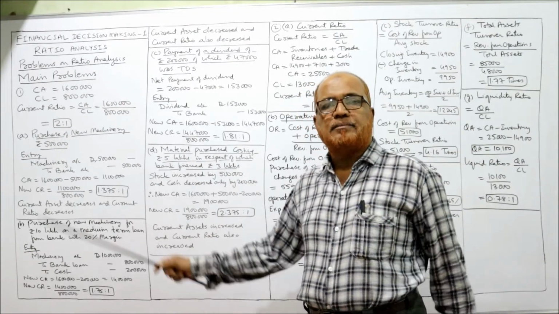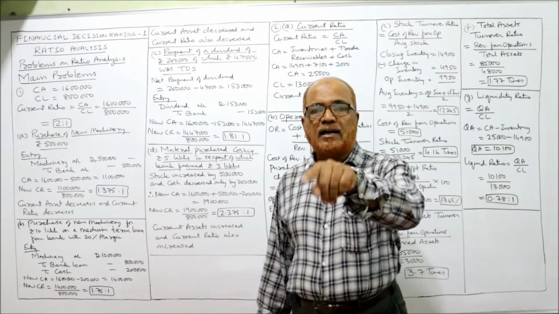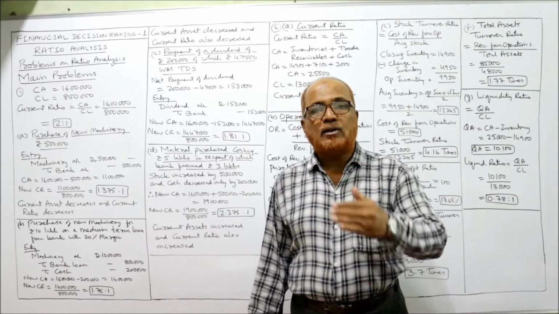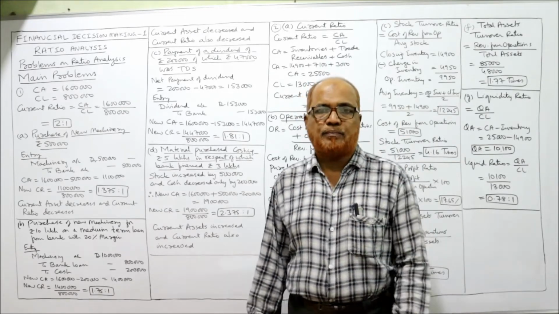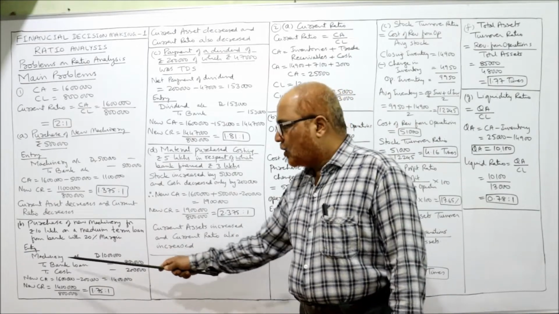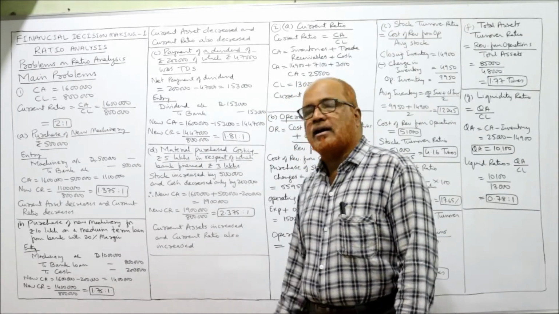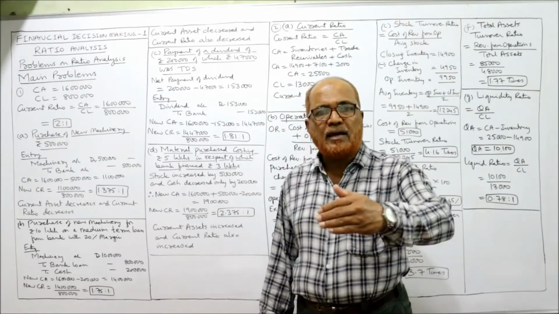It will not affect the current ratio. The remaining 20%, 10 lakh into 20%, is 2 lakh, which we pay in cash. So the entry is machinery account debit 10 lakh to bank loan 8 lakh, to cash 2 lakh.